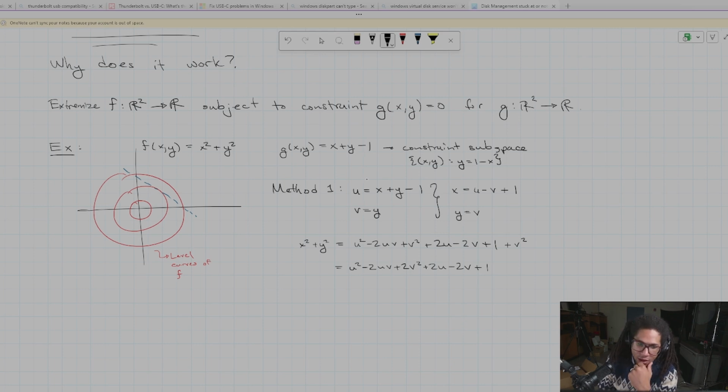Okay, now I'm only looking at points where u is equal to 0 by construction. So note, u equals 0 is the constraint subspace.